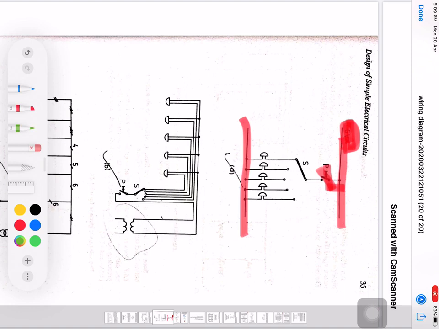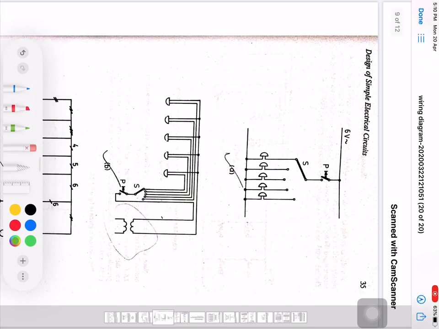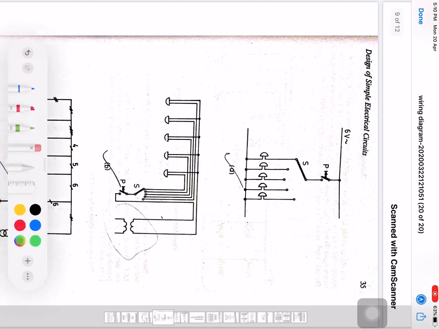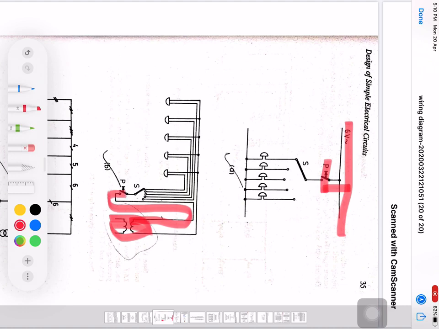So the wiring diagram is very clear that this was a 6 volt supply. That means we are using here an AC frequency generator. Then this was supplying energy to a push button, and the push button then further to the switch.